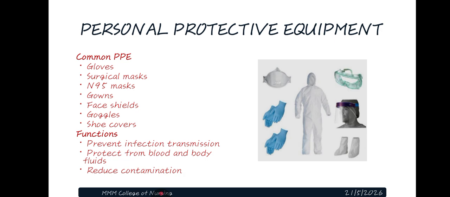So, the personal protective equipment or PPE is one of the most commonly used safety measures in healthcare. The gloves protect hands from contamination, masks protect the respiratory system, and gowns prevent exposure to infection material. So, the PPE became especially important during the COVID-19 pandemic.